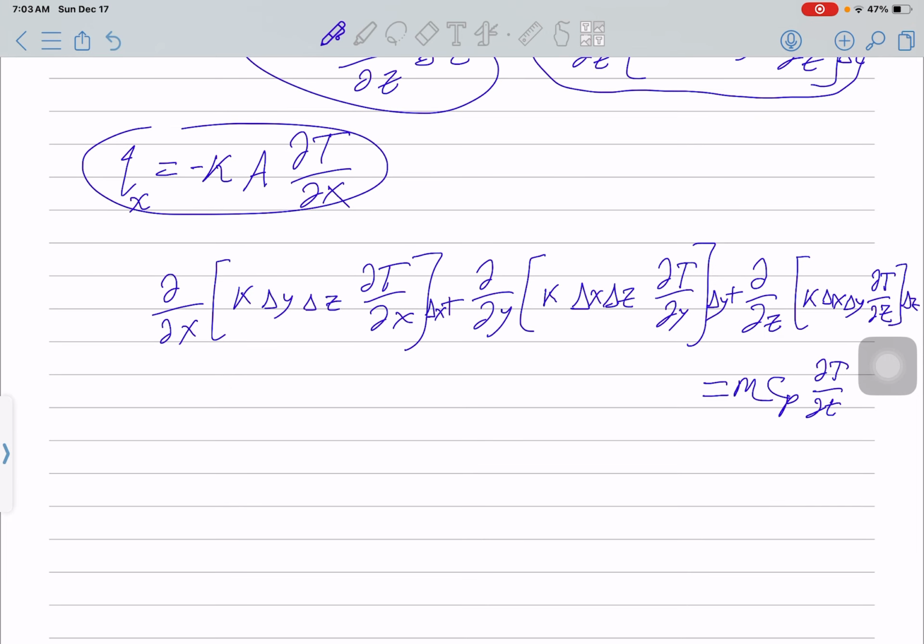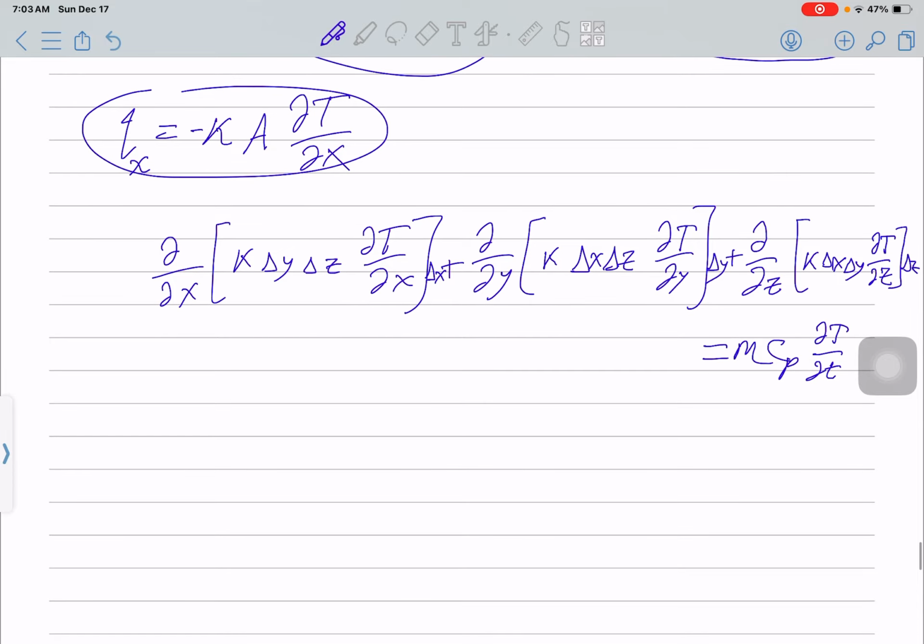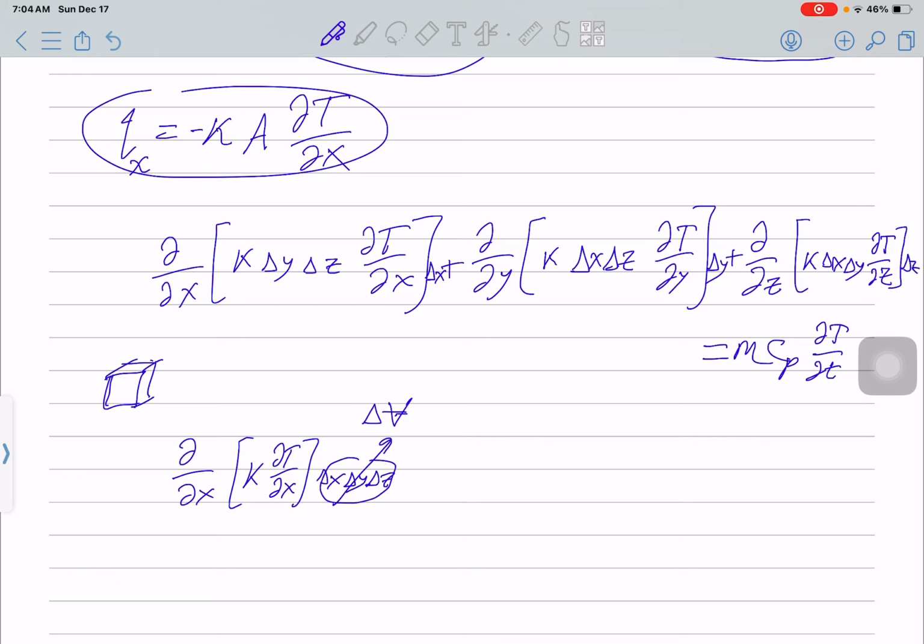We can take delta y delta z out of the derivative because they don't depend on x and so on. So we will get partial by partial x multiplied by k partial temperature by partial x multiplied by delta x delta y delta z, which we can replace with delta v, the differential volume of the object, because we have a cube. The volume of the cube is equal to delta x delta y delta z.